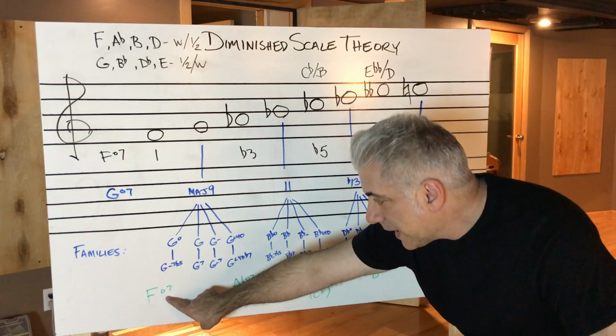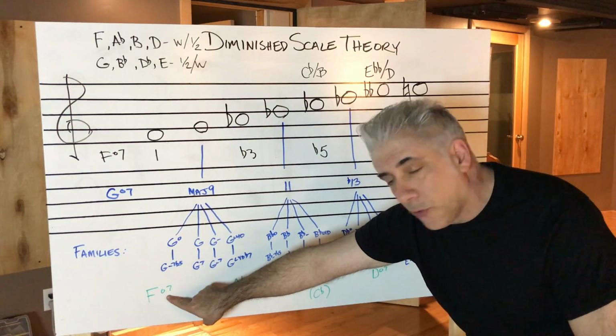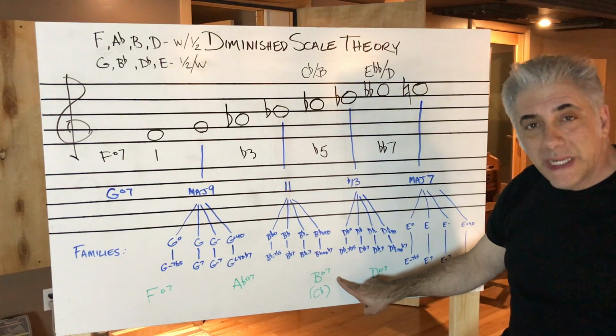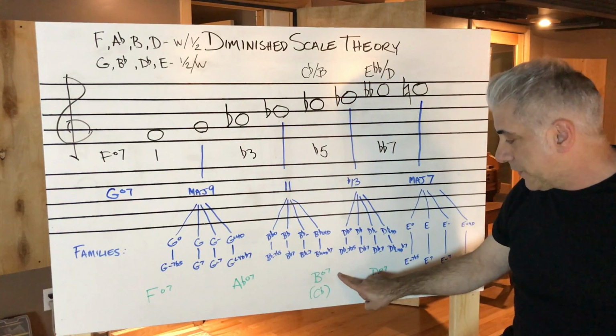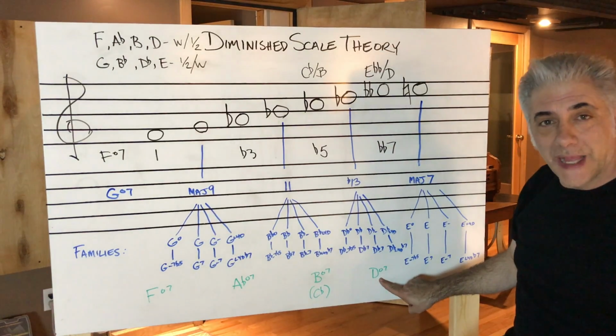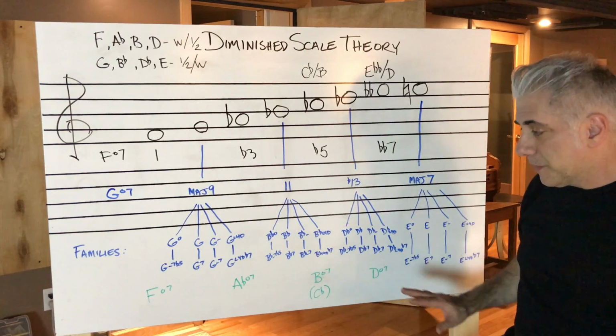Down here in green, I have the seventh chords that are all found built off the chord tones. We have F diminished seventh, A flat diminished seventh, B diminished seventh, or C flat, however you want to say, and D diminished seventh, or that would be E double flat diminished seventh. It's just easier to call it what it is. It's easier to remember this.